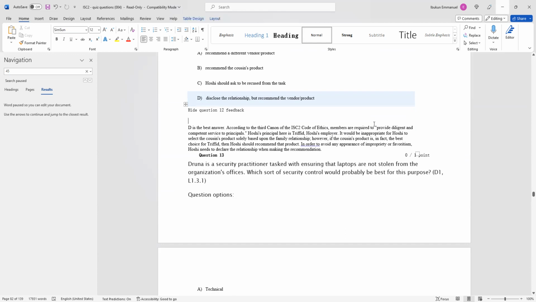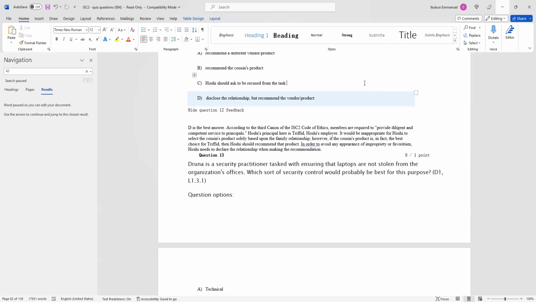So they can't simply recommend the product without disclosing their relationship because of conflict of interest rules. But because it is one of the best products out there, they still need to recommend the product.